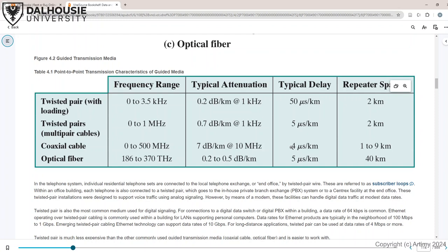So if we have 2 kilometers, this means that we need 8 microseconds propagation time and so on. All right, so we have two types of cable. The first one was the multi-pair cable, and the typical delay for it was 5 microseconds, and we have the coaxial cable, and the typical delay for it is 4 microseconds.